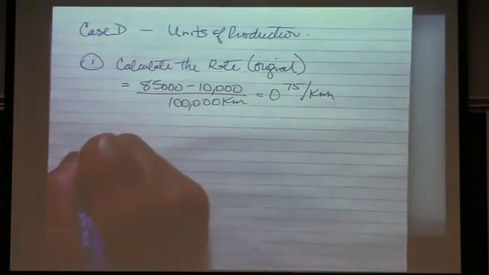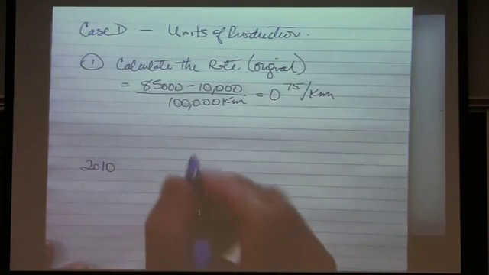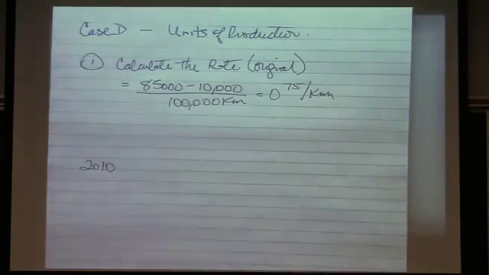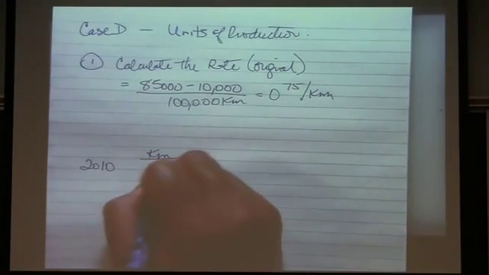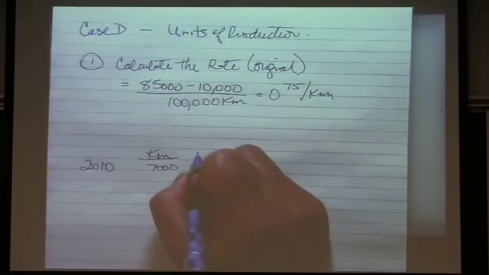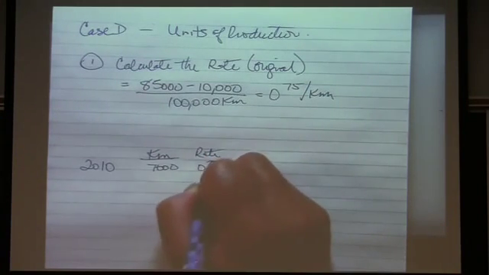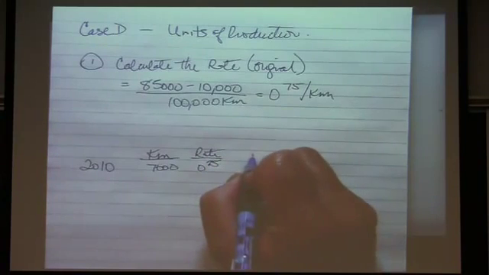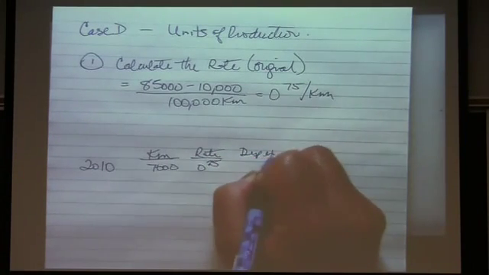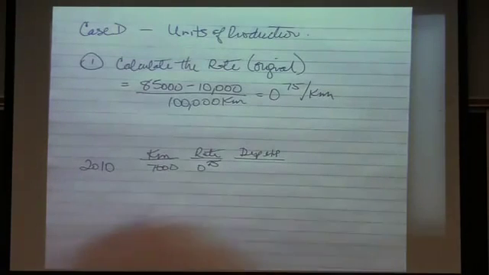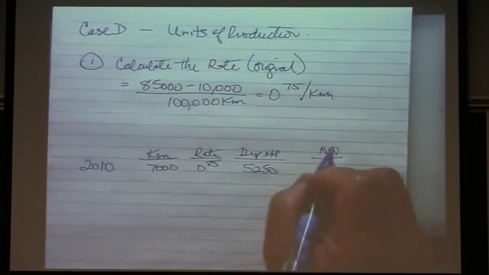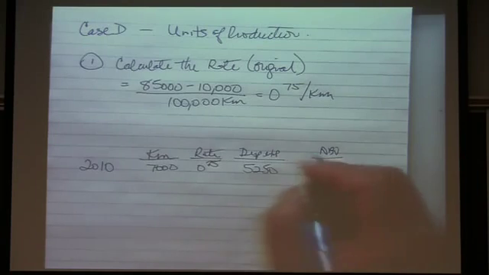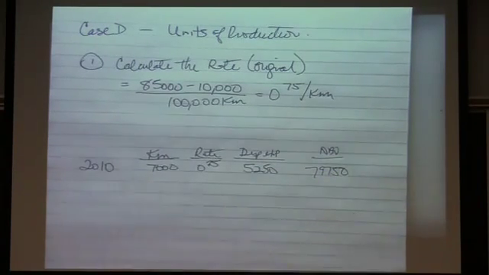So for 2010, the amortization or the expense is, we've got kilometers of 7,000 here, and the rate of 75 cents. So the total depreciation expense is going to be the multiplication of those two, which is 5,250, and net book value is 85 less 5,250 is 79,750.